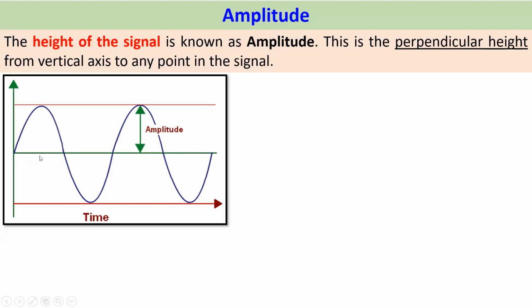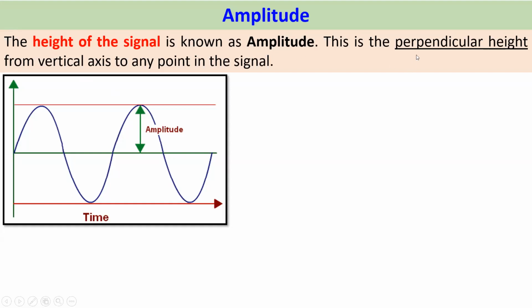We can show this horizontal axis as the x-axis, and there is also the y-axis. This amplitude you can measure from the x-axis to the maximum point of the signal. That's called amplitude. Here it's also mentioned the height of the signal is known as amplitude.